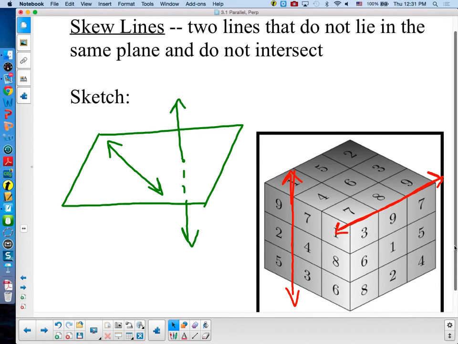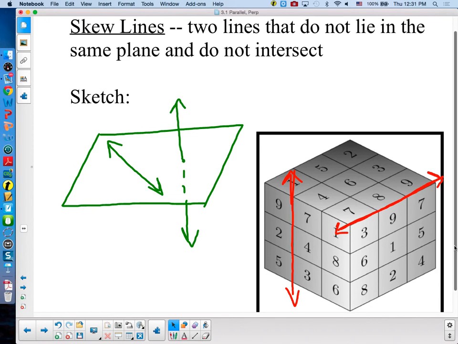Grab some of my models here. So that sketch, here's my plane. One of the lines is right in that plane. Remember the plane, the cardboard, could keep going. So in the plane, and then the other one goes through the plane. They don't meet at the same point.